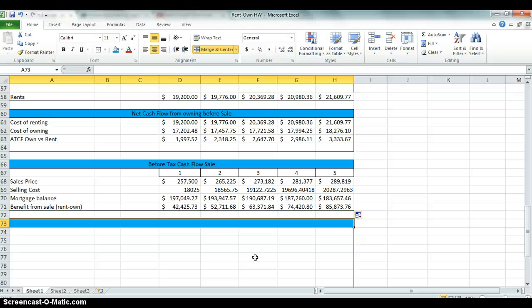Now we're going to calculate the after-tax cash flow for the sale.